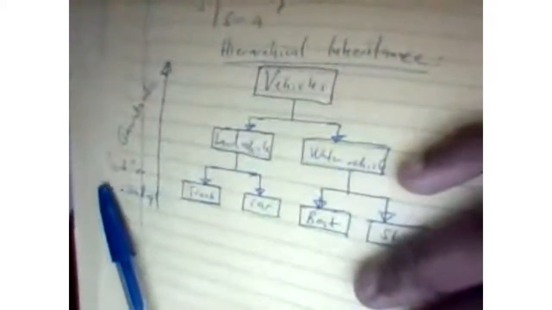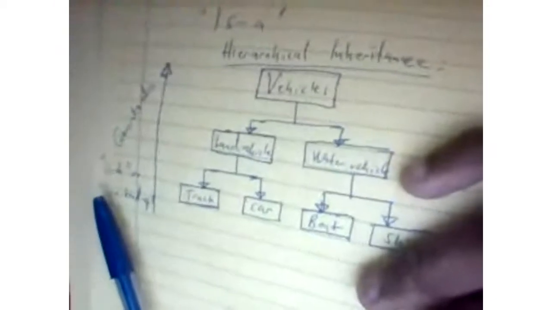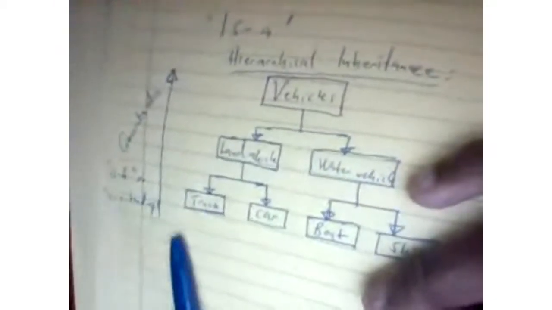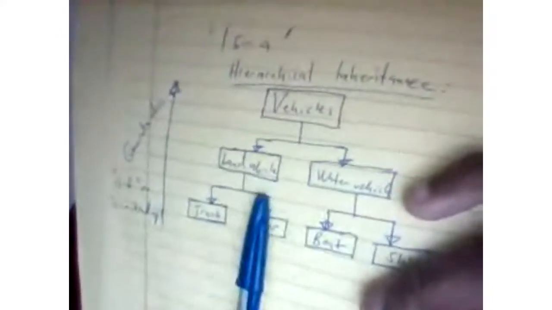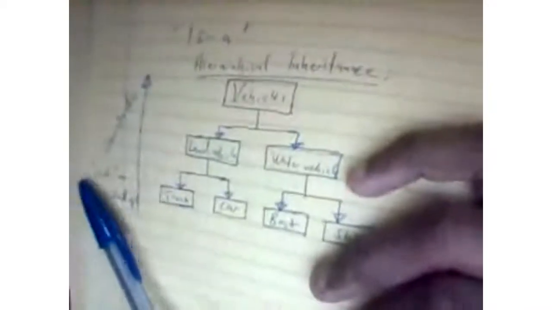I'm trying to make it more visual. Generalization just says that a car is a kind of land vehicle, and a land vehicle is a kind of vehicle. So a car is a land vehicle, and a land vehicle is a vehicle. So generalization is where the is-a relationship comes in. Then we have specialization.